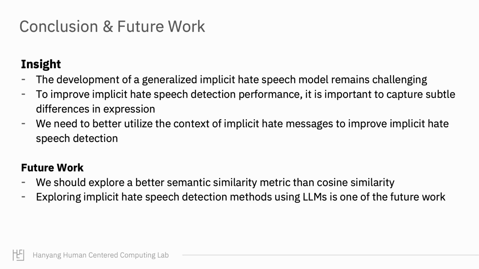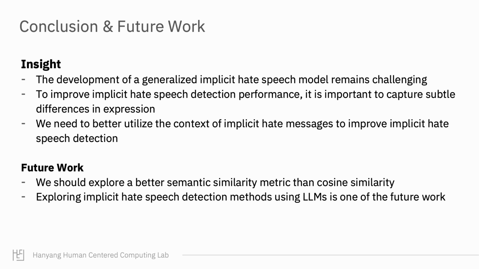In conclusion, we provide the following insights. The development of a generalized implicit hate speech model remains challenging. To improve implicit hate speech detection performance, it is important to capture subtle differences in expression. We need to better utilize the context of implicit hate messages to improve implicit hate speech detection.